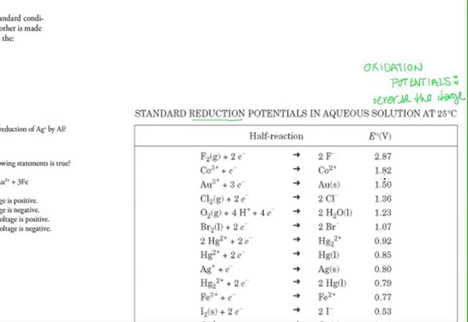So essentially, if I want to oxidize iron instead of reducing it, right, this would go from being positive 2.87 to being negative 2.87. So yeah, essentially, if you want to talk about oxidation rather than reduction, the only change is you just need to reverse the charge of whatever number you're talking about. Okay, hopefully that kind of makes sense.